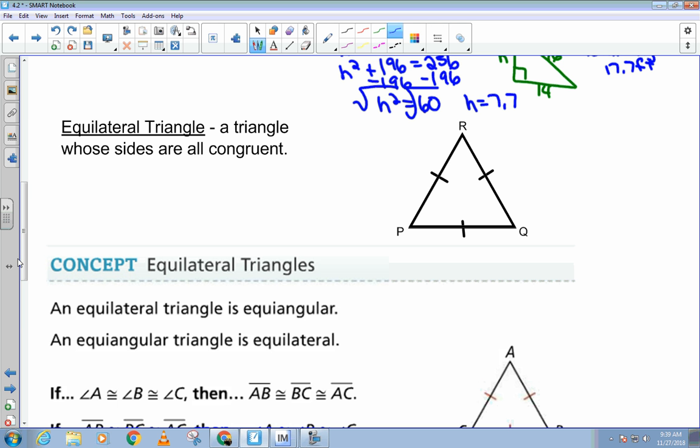Exactly. Okay, last thing, and I know you're getting tired of listening to me, so last thing, equilateral triangles. Equi means equal. Lateral means side. So an equilateral triangle means equal sides. All three sides are the same.